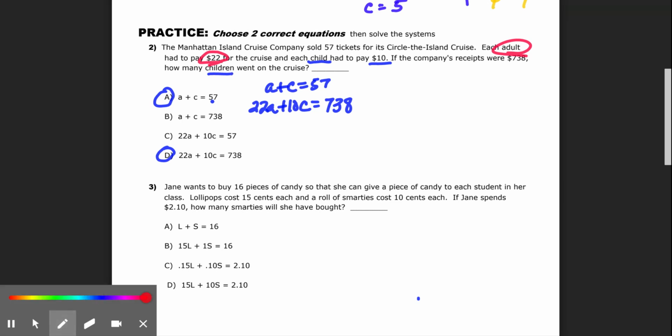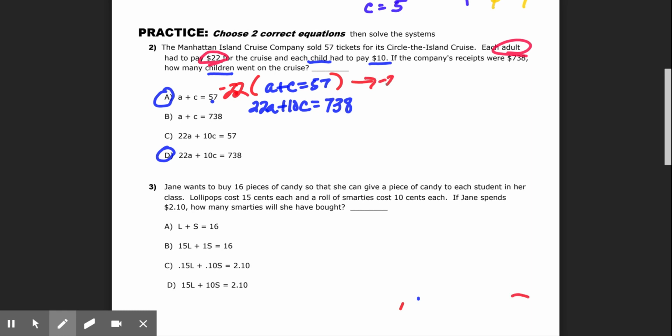If we want to get rid of adult, we're going to multiply this top equation by negative 22. So that will give us a new equation of negative 22A minus 22C equals, and then don't forget to multiply negative 22 by 57. So that will give us negative 1,254. This bottom equation is going to stay the same, so it'll be 22A plus 10C equals 738.